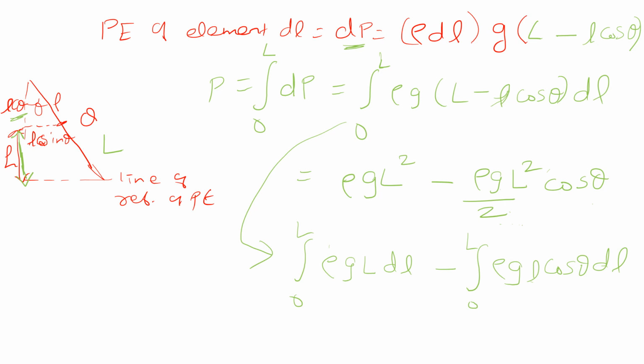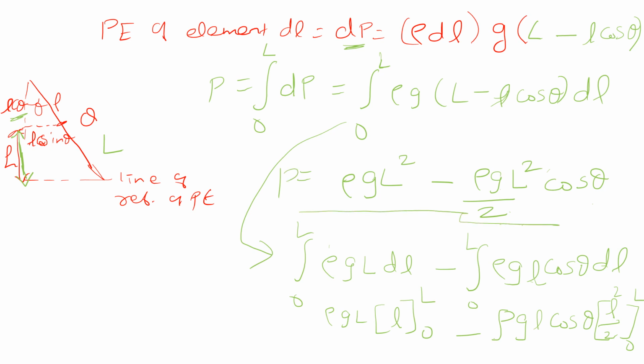When you integrate the first, it will simply be rho G L into l, applying the limit 0 to L. Then minus rho G cos theta into l dl; when you integrate l dl you will get l squared by 2, applying the limit 0 to L. So when you apply the limits, you get the potential energy P as we have got it here.